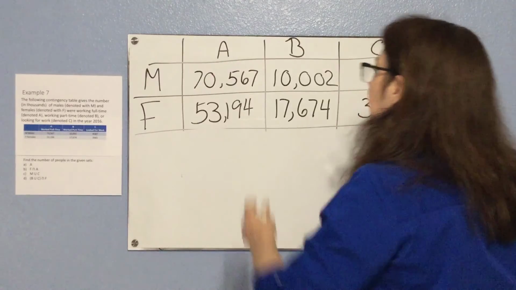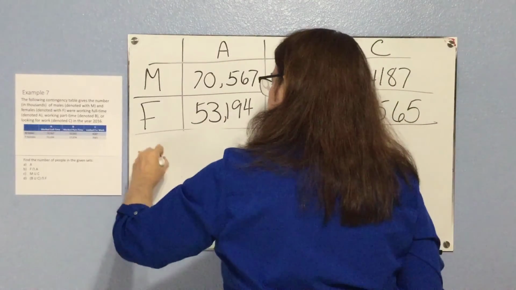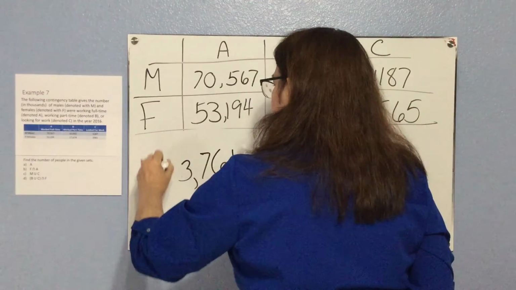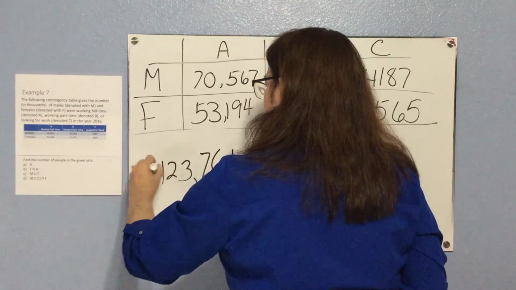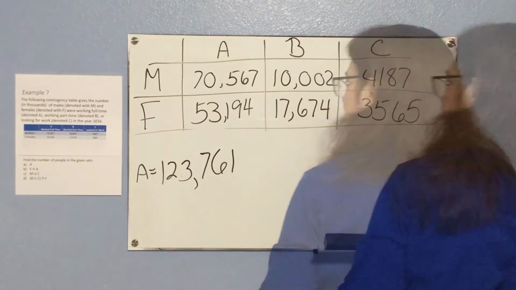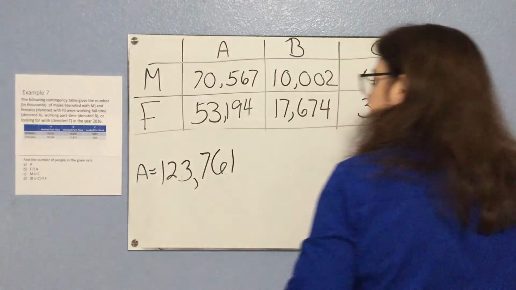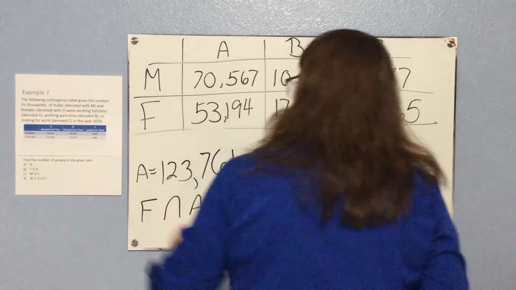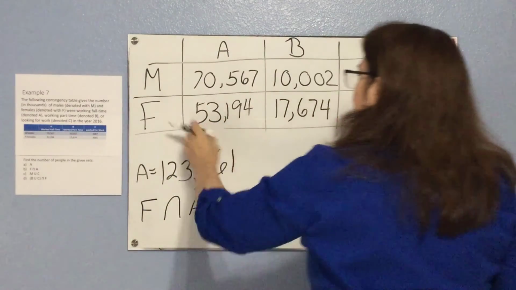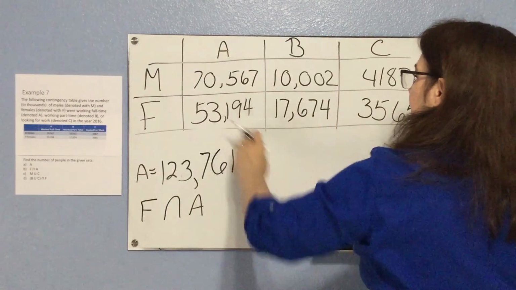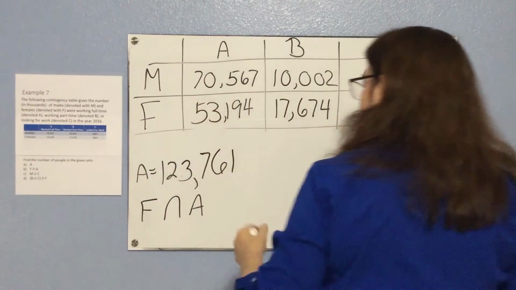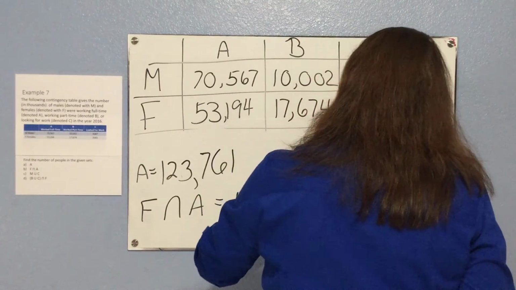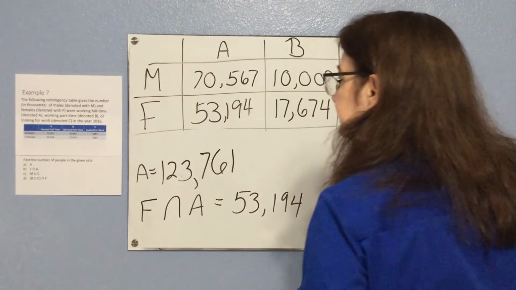So set A, I would have to add these 2 together, and set A would be, move this over a little bit, okay, the next thing I want to know is F intersect A. So I'm going to look at column A and row F, and where they intersect is just this cell. So no calculation required for that one.